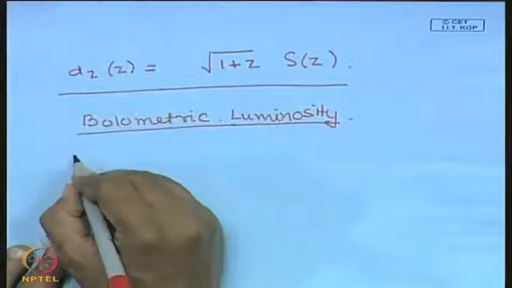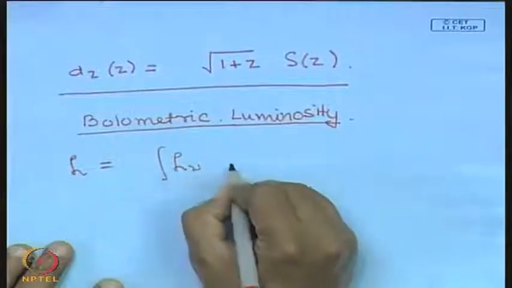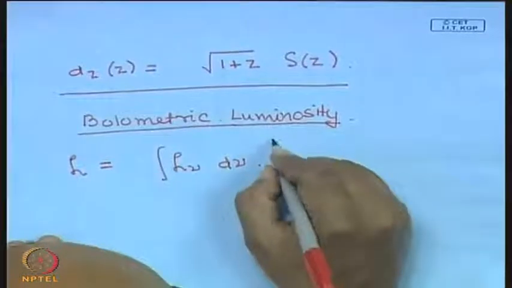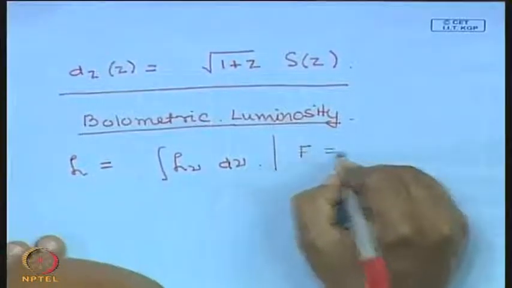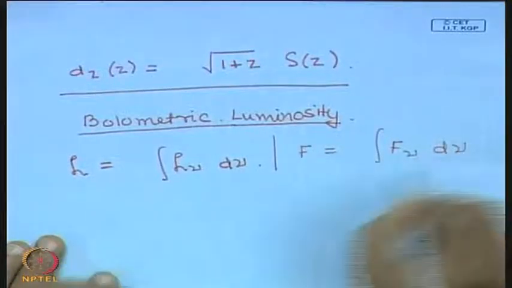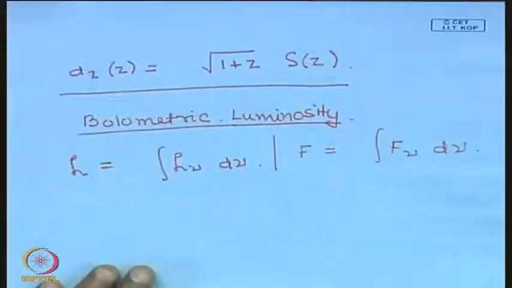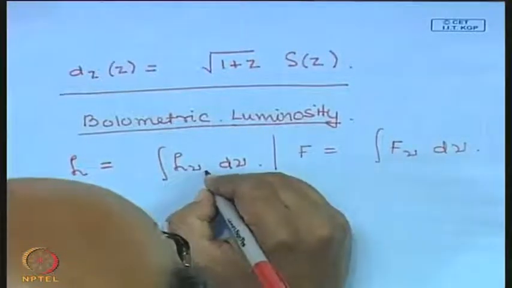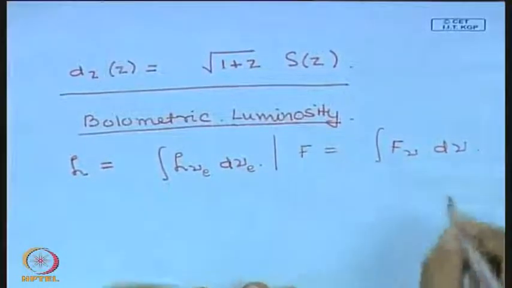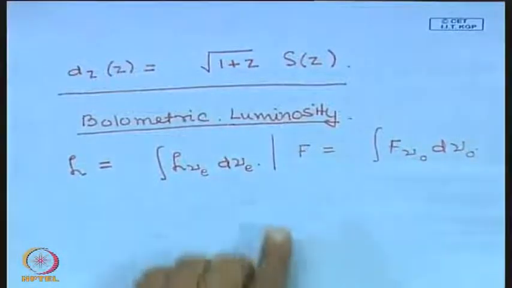So, this is the bolometric luminosity, which is L nu integrated over d nu. Similarly, the bolometric flux is going to be F nu integrated over d nu. Now, the point to remember is that here the integral will be over the emitted frequency, and here the integral will be over the observed frequency. After all, this is what you observe.